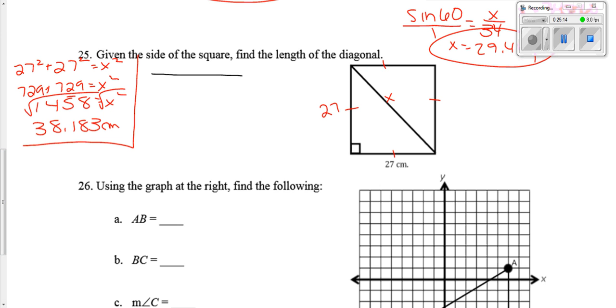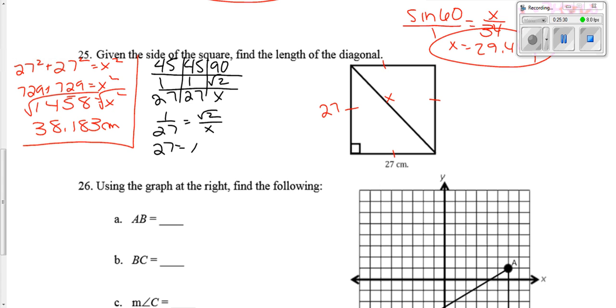I also could use my 45, 45, 90s. And I get 27 radical 2 equals x. I also could use trig because I know these are my 45s.